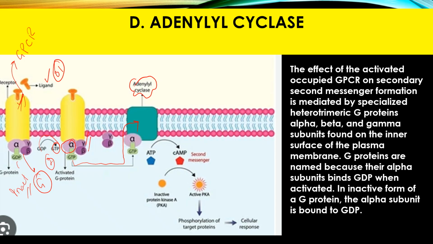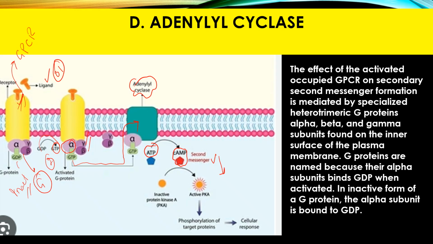It will convert ATP into cyclic AMP, as I have already described. Now it is a secondary messenger: the extracellular signal is converted into an intracellular signal.